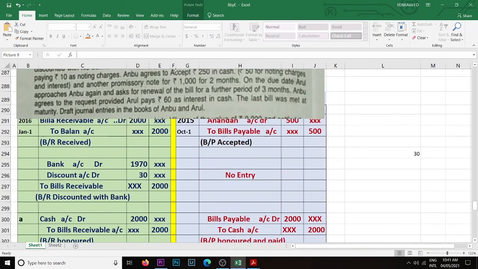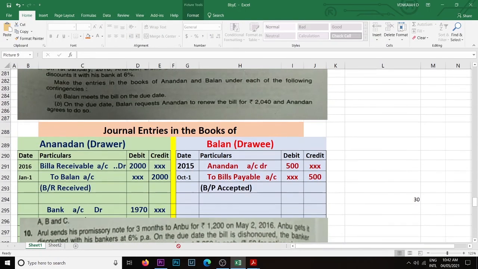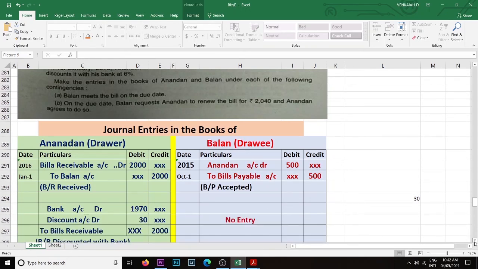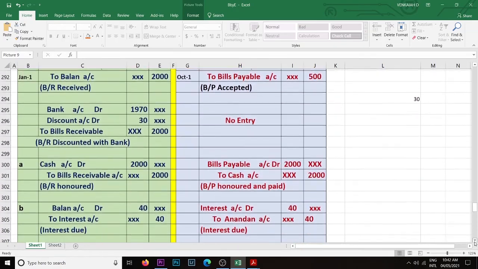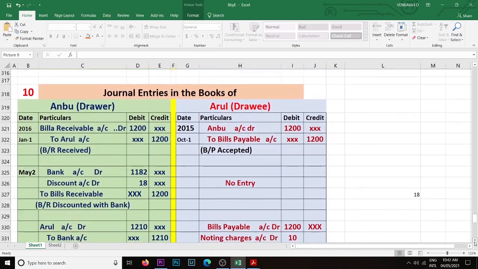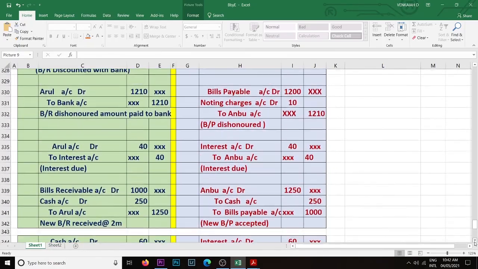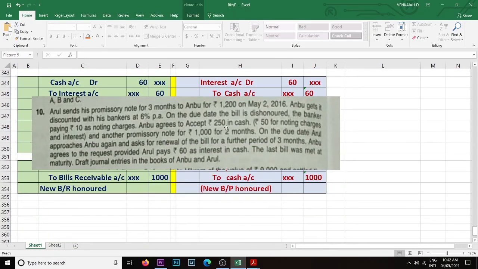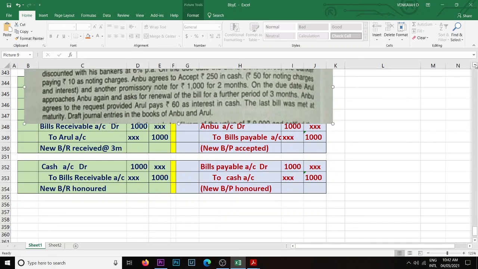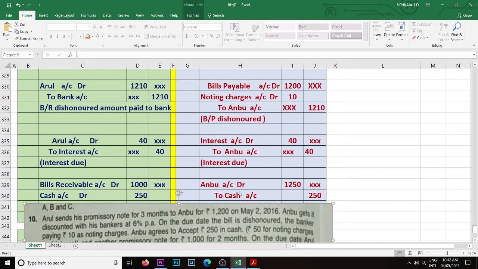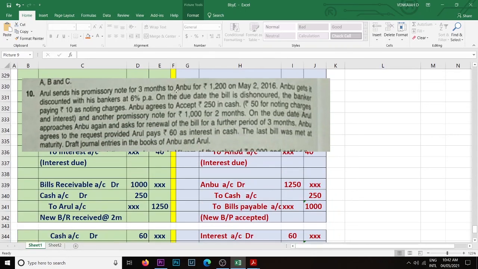The video will help you to understand the transactions. You start on your own first. Later, take the help of the video to check whether this journal entry is correct or not. For drawing the bill, the journal entry is bills receivable account debit, to drawee account. For accepting the bill, drawee account debit, to bills payable account. Okay.